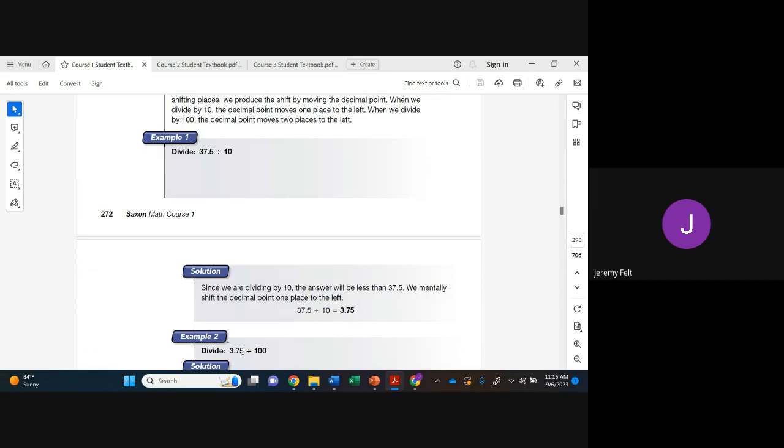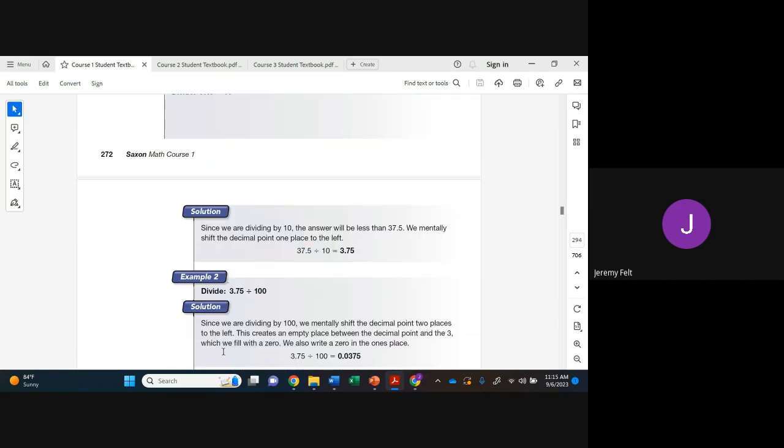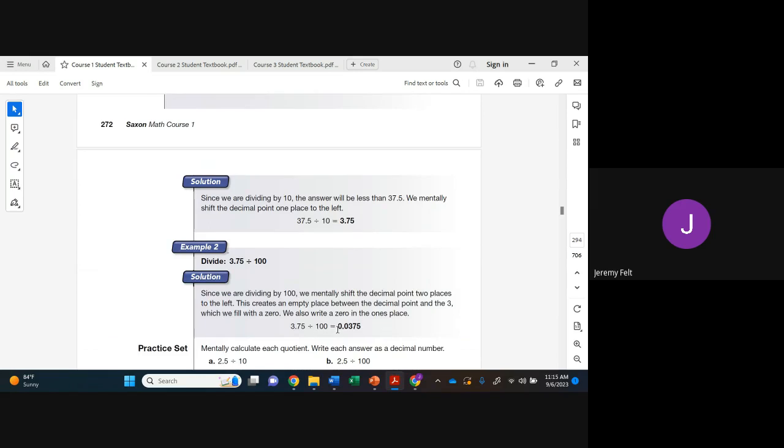3.75, if we took this, move down here, divided by 100, well, then I'm moving it 1, 2 places to the left because I'm dividing by 100. I have 2 zeros. Okay, so I'd move it 1, 2, and then that would give me a blank space. So I would end up with 0.0375.